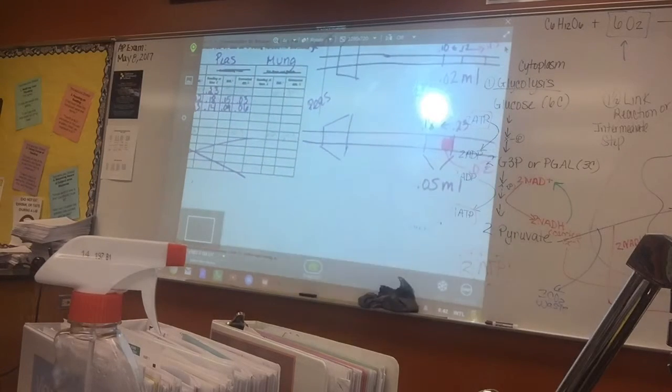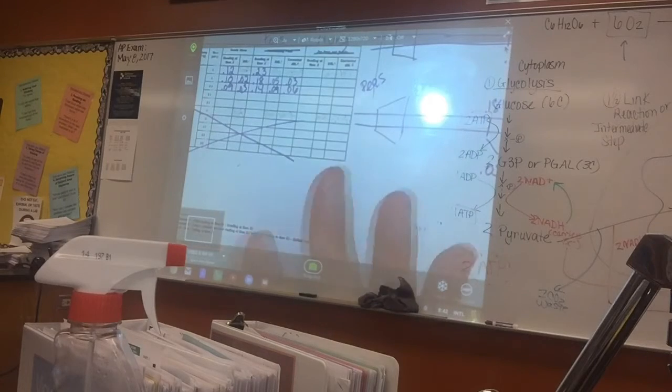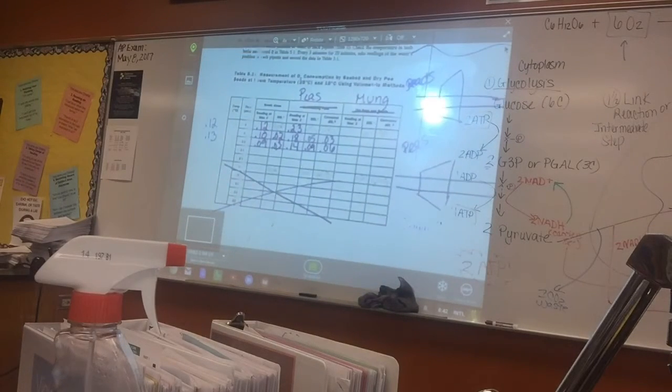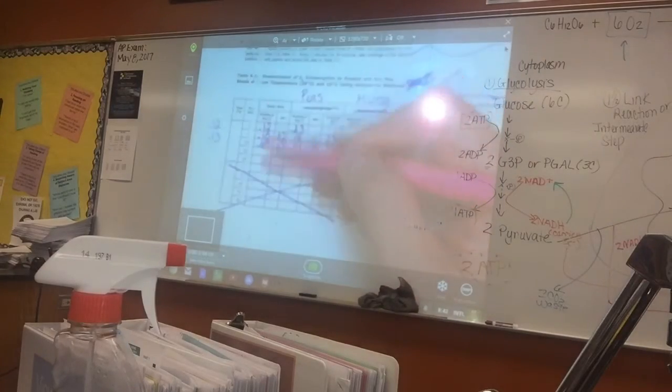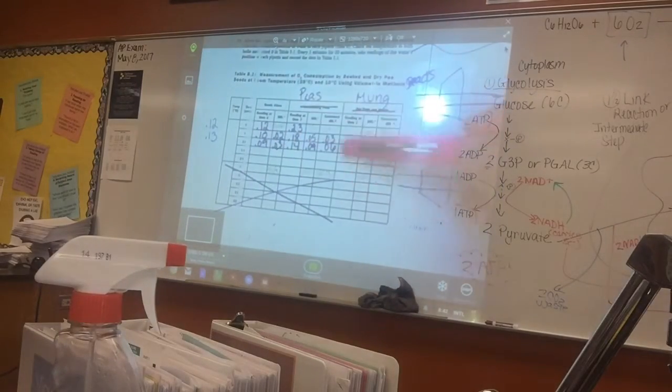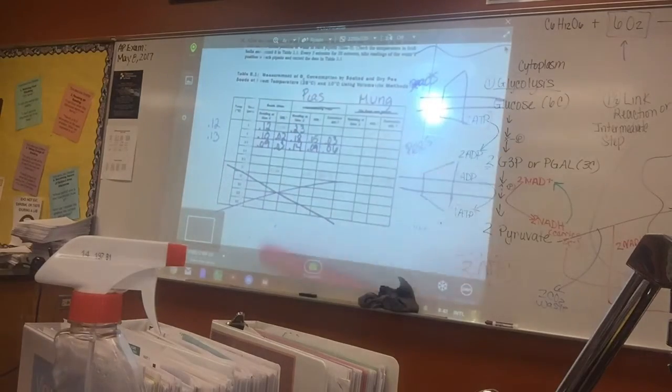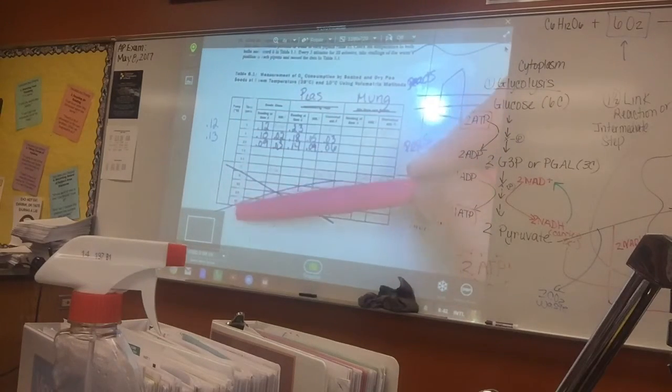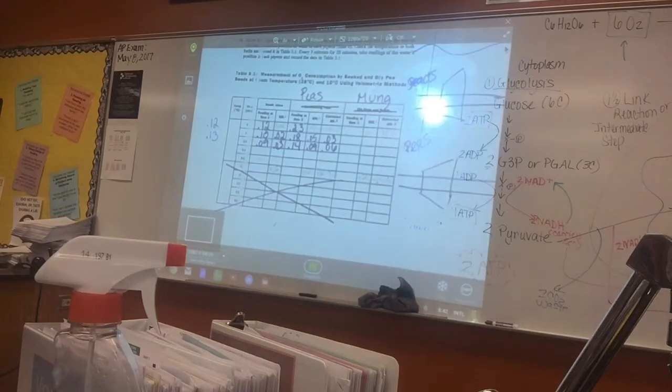So this is what you're doing: figuring out the corrected difference. This is the first thing I want you to do today with your data. You should have your raw data from your readings. You can either use this chart or make a new chart on a separate sheet of paper.